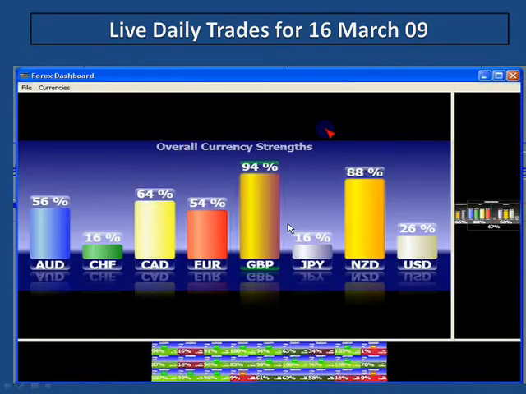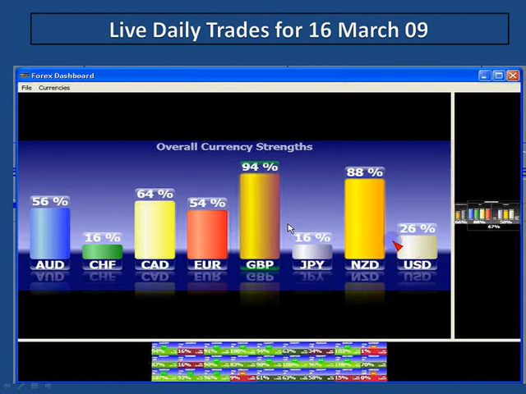Okay, so here's the dashboard, and essentially what you would see here is that the pound was dominant throughout the session from the Frankfurt Open. You could see that the pound was very strong, and the Japanese yen and US dollar were weak.